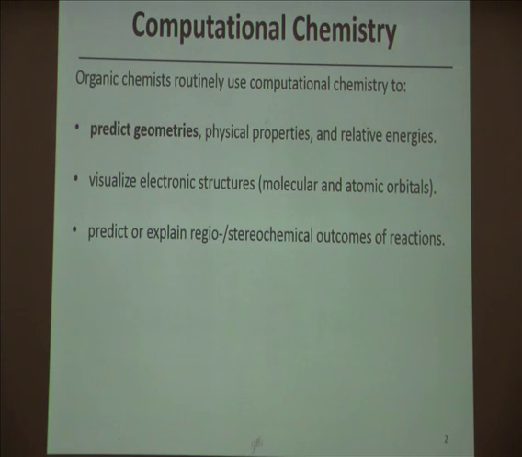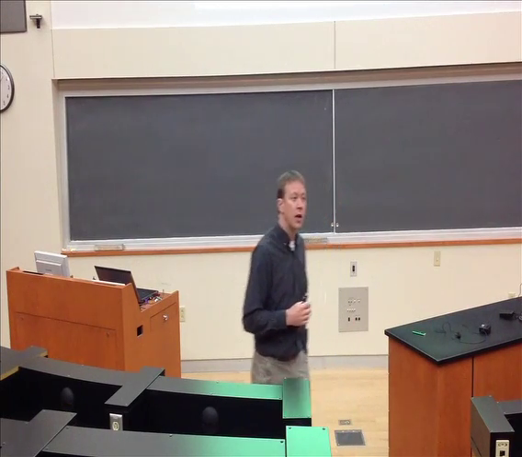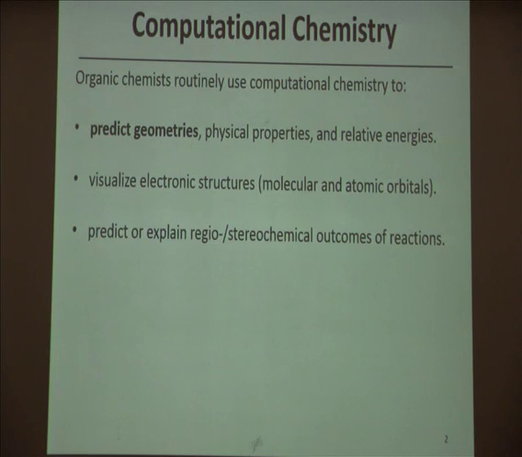We're going to, in part of this course, explain the regio and stereochemical outcome of an organic reaction based on some computational study that we're going to do. We're going to specifically take a look at some reactive intermediates in the pathway of these reactions and use that to understand the outcome.